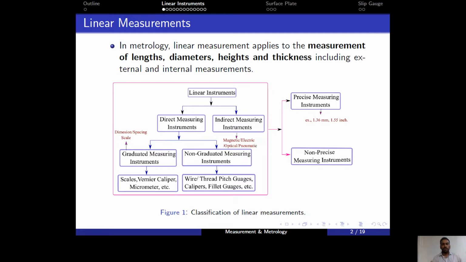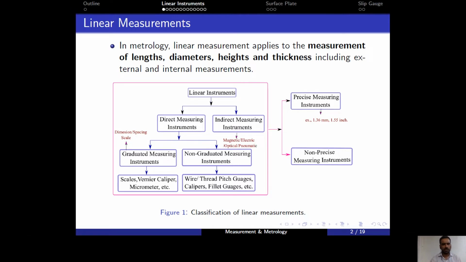Instruments that calculate these dimensions by using any secondary transformation are known as indirect measuring instruments. This is not the focus of my presentation, so I'll be mostly dealing with direct measuring instruments. Direct measuring instruments are further classified as graduated measuring instruments or non-graduated measuring instruments.